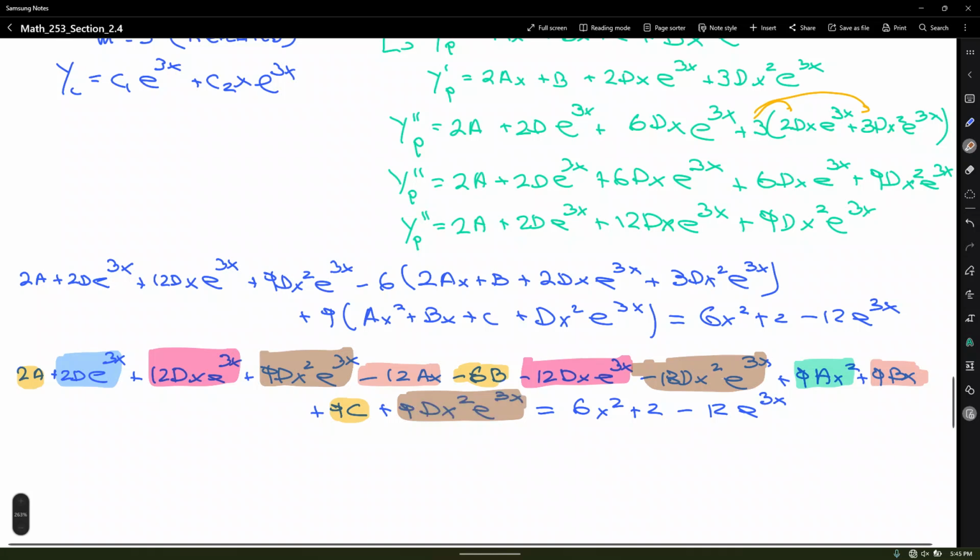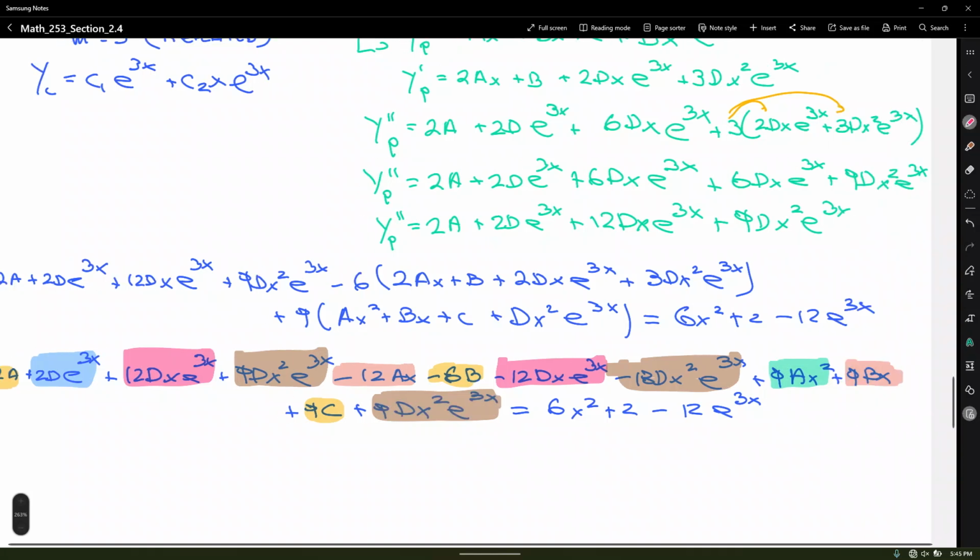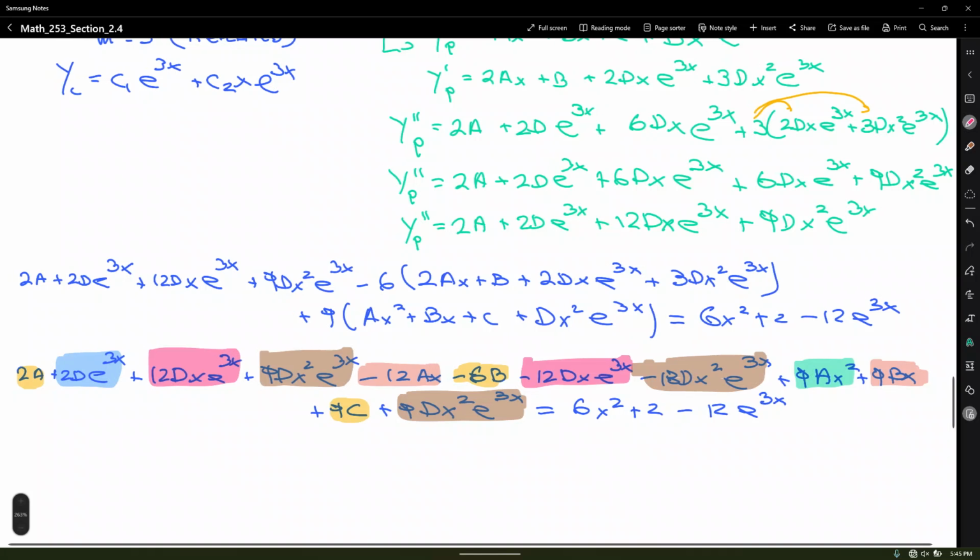Okay, cancellations. Actually, all the quadratics times exponentials go away because 9 plus 9 equals 18 minus 18. Goodbye. 12dx minus 12dx also goodbye. Anything else to cancel out here? I believe that's about it.